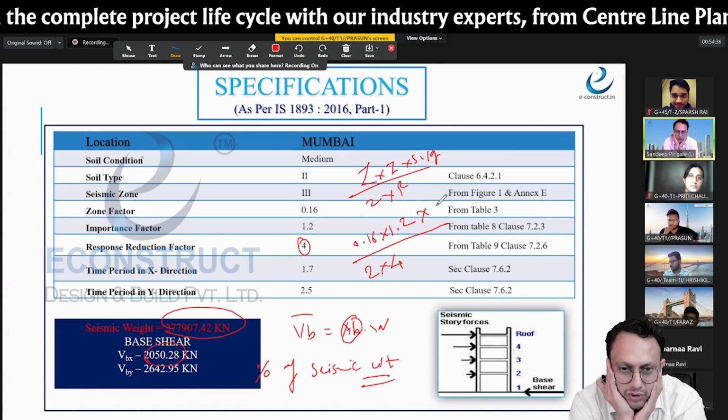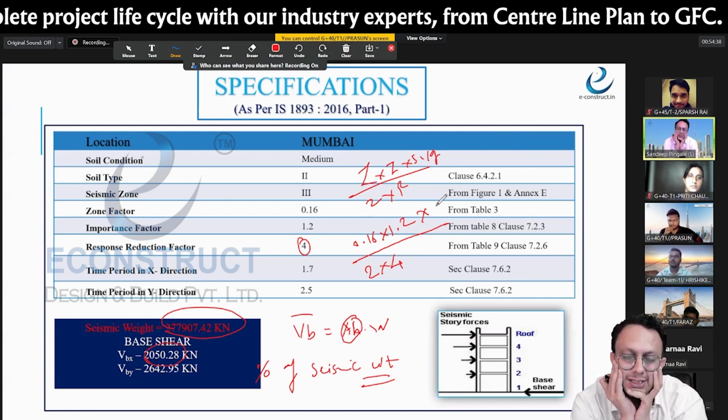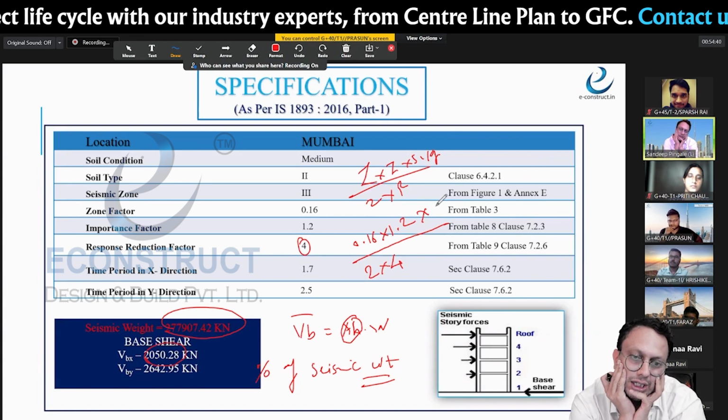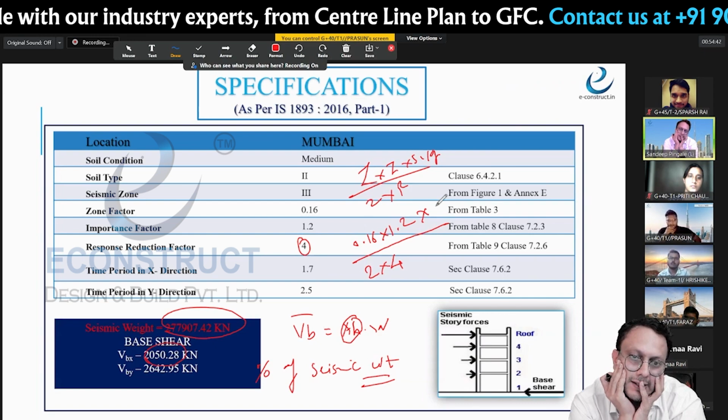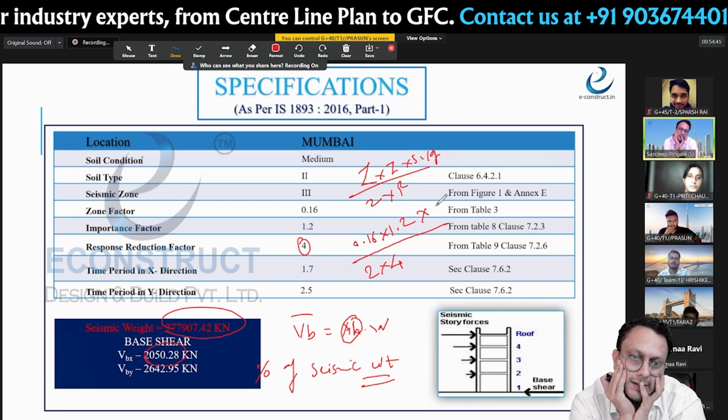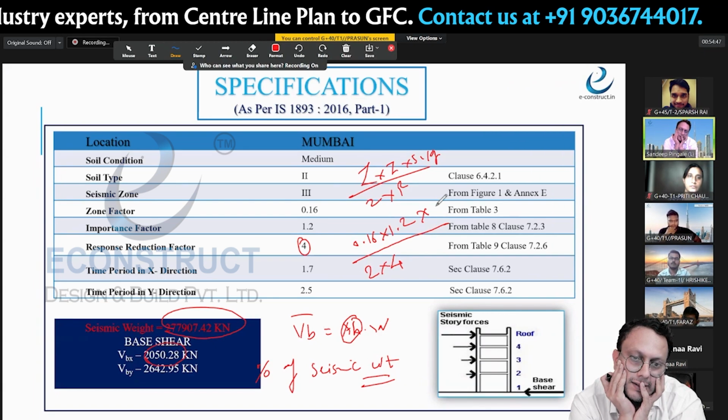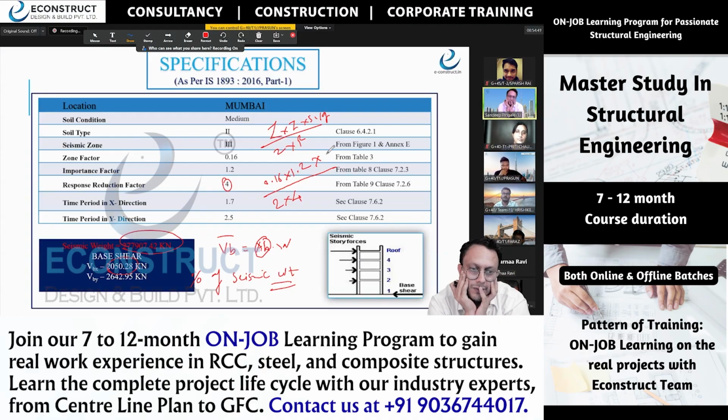Are you getting so low that it is becoming like 1%, 0.01 only? How much is that? Less than 1% is very less, my dear. I think something is, I don't know. 0.7%?